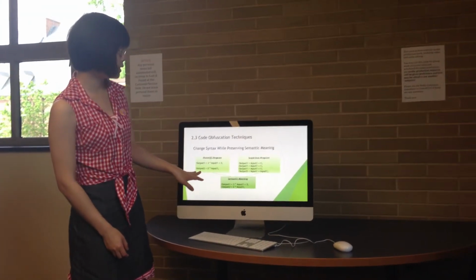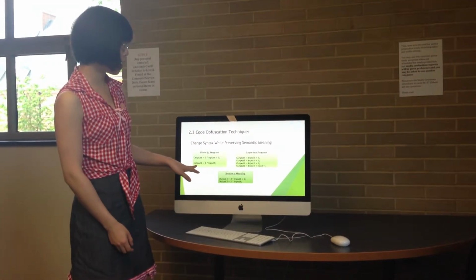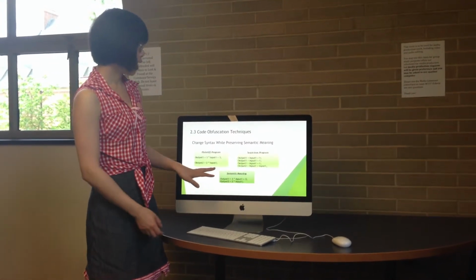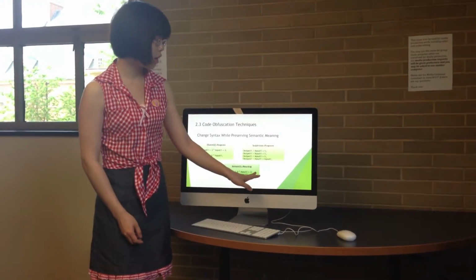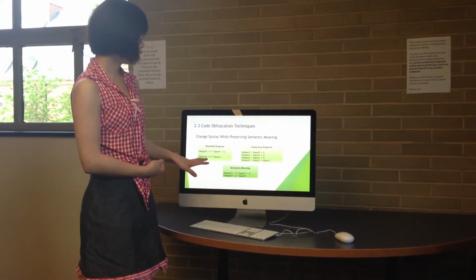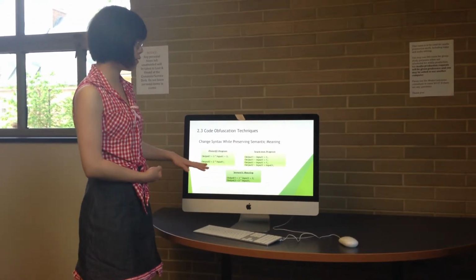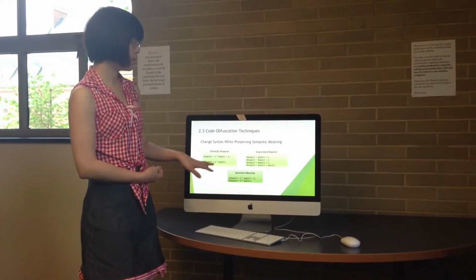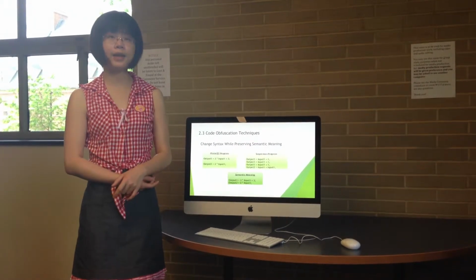This picture is the code from the plentiful program, and this picture shows the code from the suspicious program. We can say that the two codes are very different, but they have the same meaning.